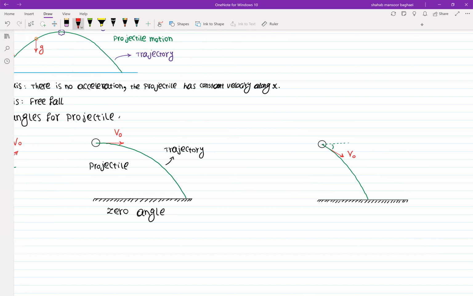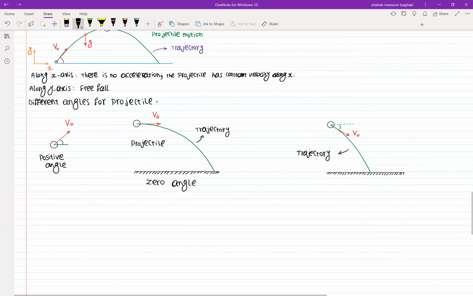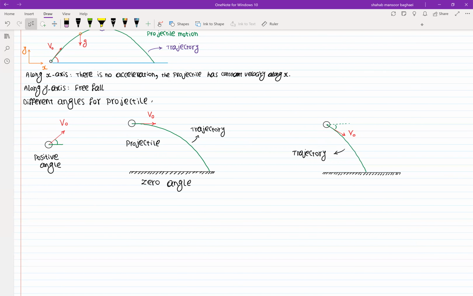V0. This is a trajectory. All of these three can happen.